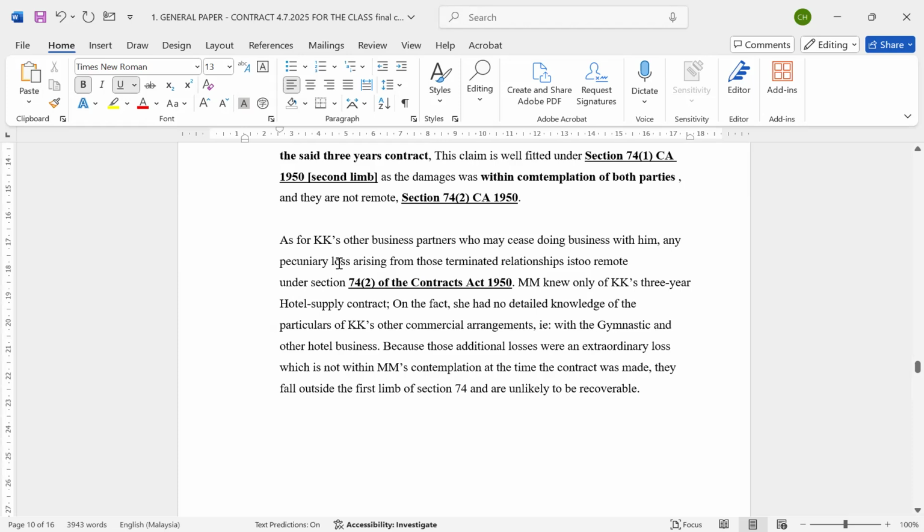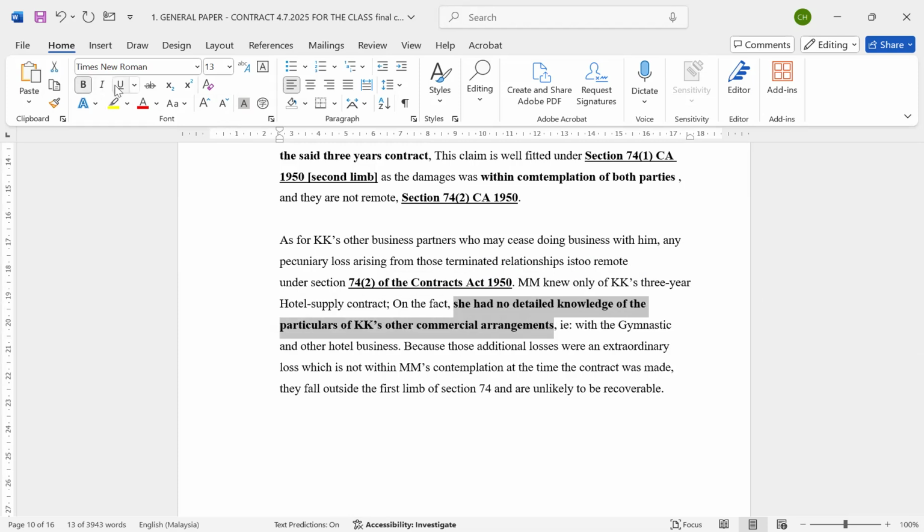I would say this is extraordinary loss beyond the contemplation of the parties. Because from the first paragraph itself, MM only knew about the hotel supply contract, the 3-year one. But MM has no detailed knowledge of KK's other commercial arrangements, i.e., with the gymnastic operators and also other hotel business.